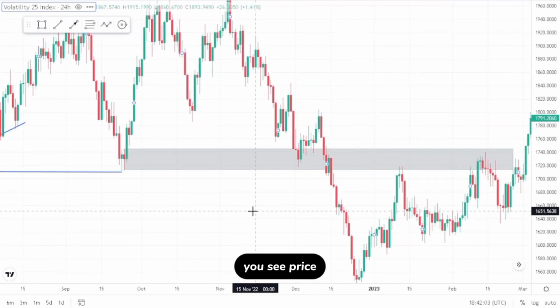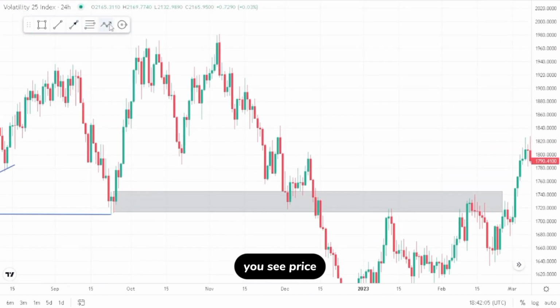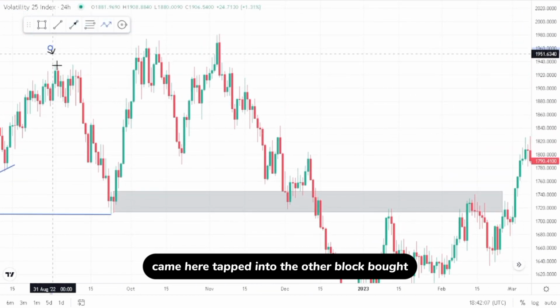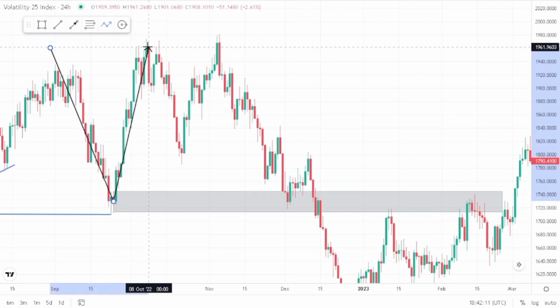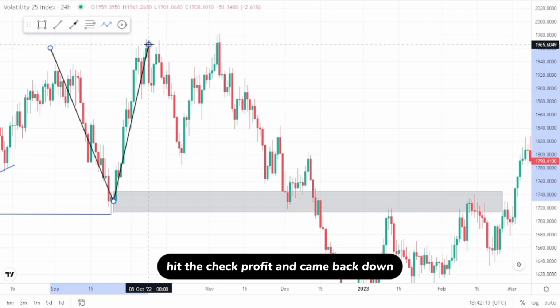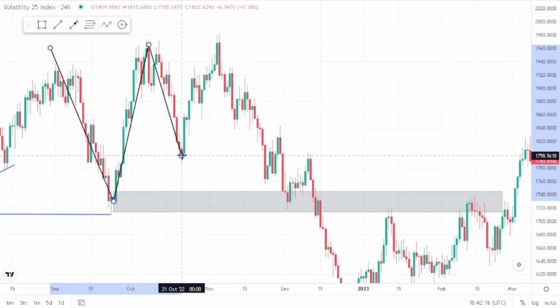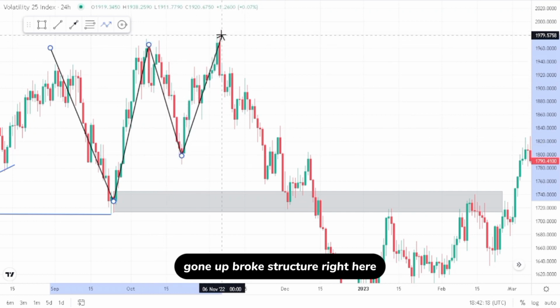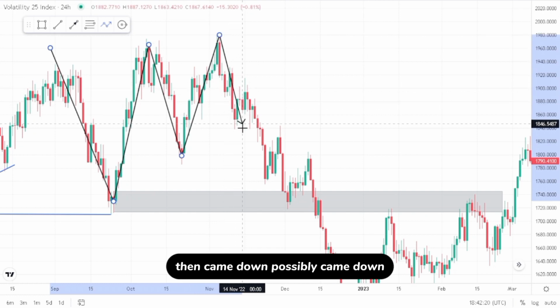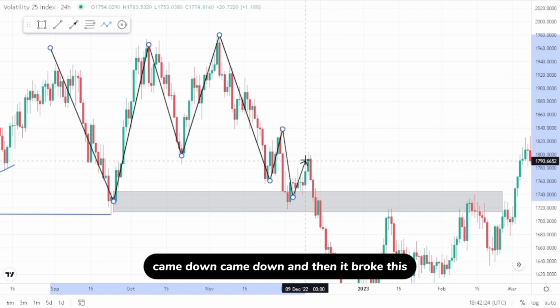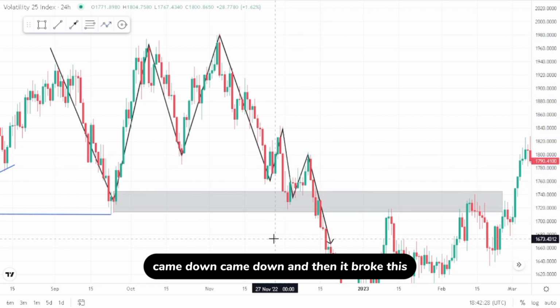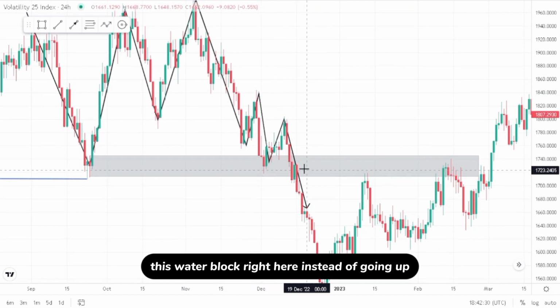You see, price came here, tapped into the order block, it bought, hit the take profit, and came back down, gone up, broke structure right here, then came down impulsively, and then it broke this order block right here instead of going up.